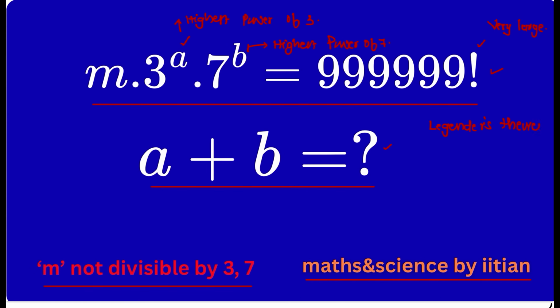Legendre's theorem. It cannot be easily found out because in a simple factorial like 10 factorial, that is 1 into 2 into 3 into 4 into 5 into 6 into 7 into 8 into 9 into 10, if you want to know the power of 3, you just see here 3 is there, here 6 is there, here 9 is there. That means the highest power of 3 is 4.